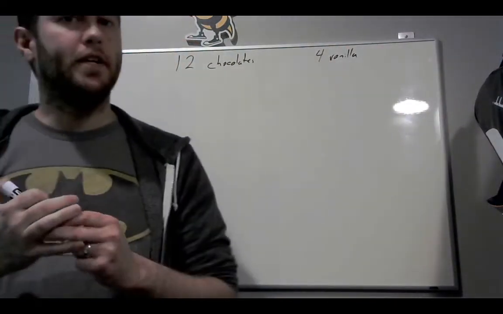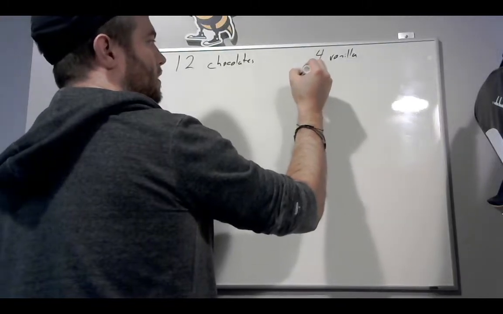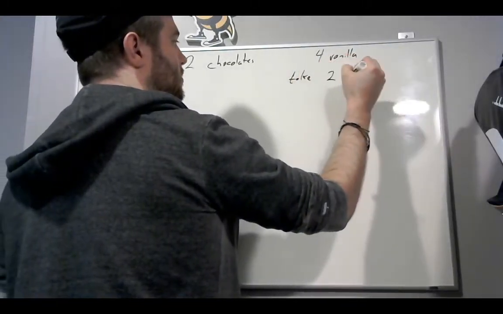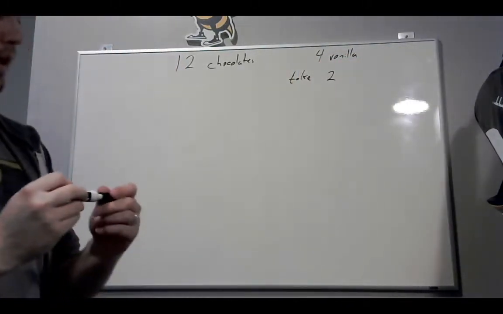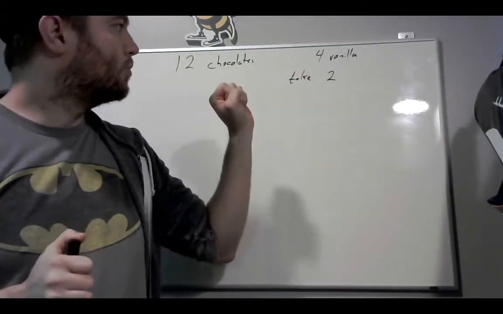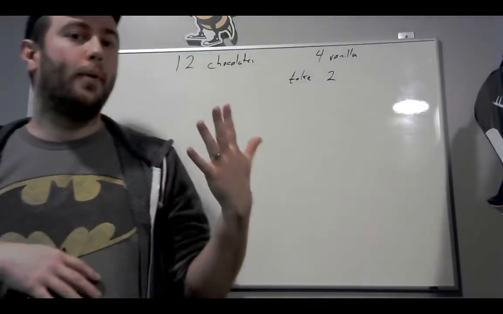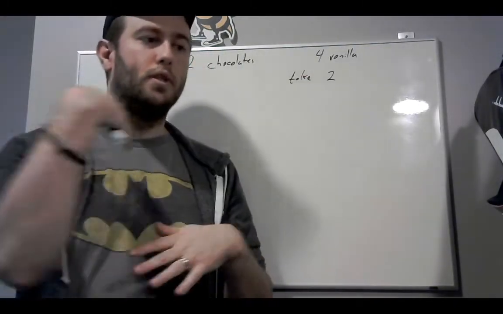So we need to figure out, and we can only choose 2. So we're trying to take 2 of them. And we want to see what is the probability that the 2 that she takes are actually the 4 vanillas. So I'm going to do this problem twice.